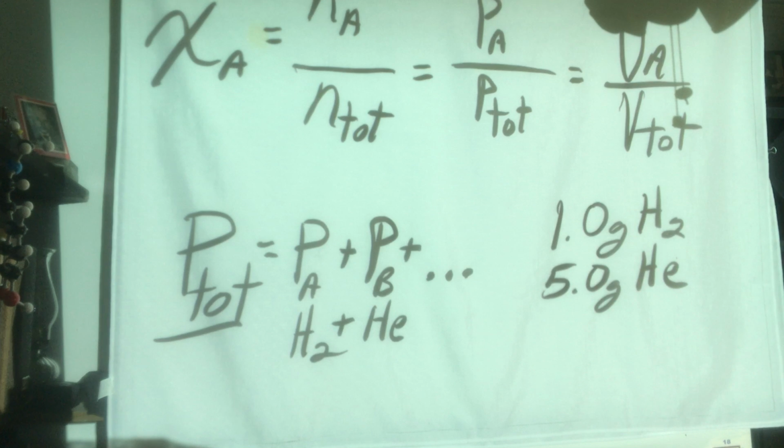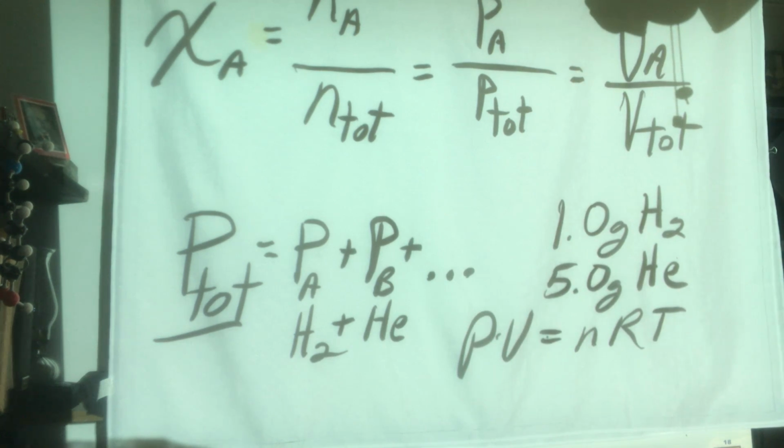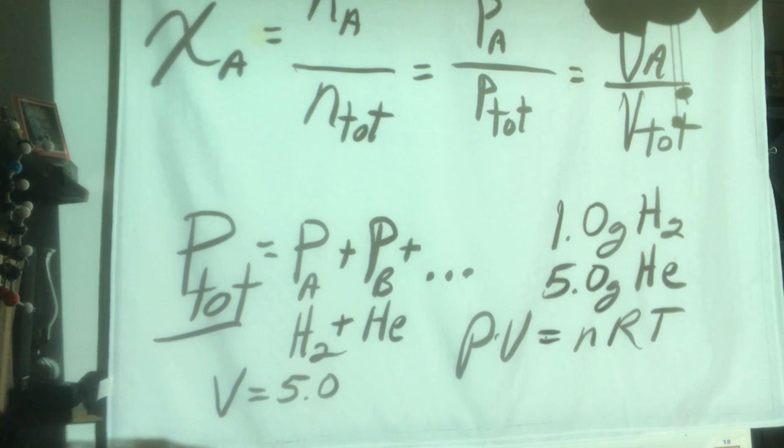We're also given information that the volume of this mixture of hydrogen gas and helium gas is 5.0 liters, and that this gas is at a temperature of 20 degrees Celsius. Okay. Give you a second to copy that, and then we'll go on to the next page.